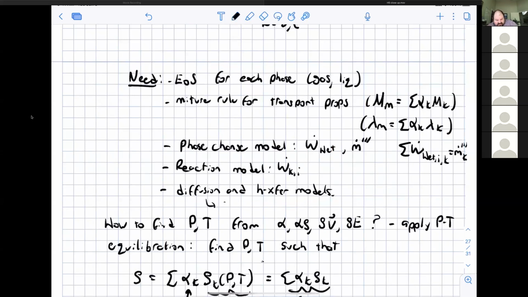So this would be the diffusion velocity, and also the heat transfer model too. That is Fourier's law, the diffusion energy source. All the stuff that I discussed earlier came in here.